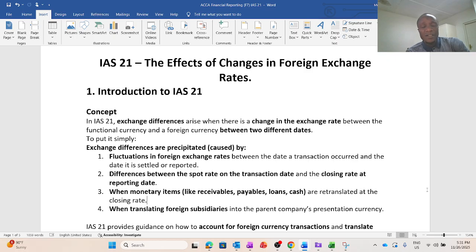For the financial reporting examination, we are not going to do the foreign subsidiary, except when we look at Strategic Business Reporting and Advanced Financial Management, the international investment appraisal. This is the time we are going to understand how we can translate between the group structure of the parent and the subsidiary.